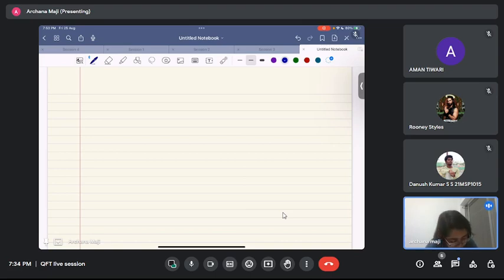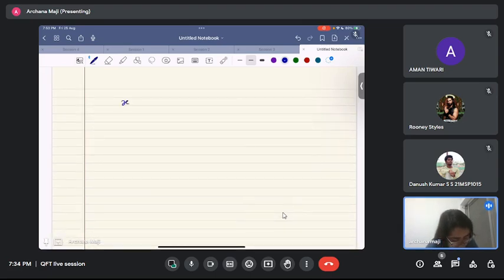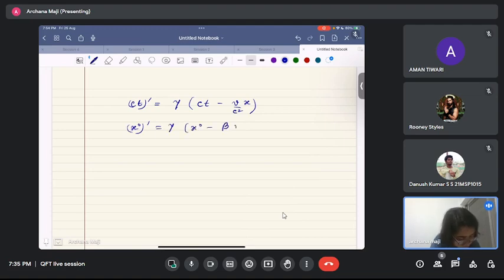If you are performing a boost along x, then x0 prime is gamma times (x0 minus beta x), where x0 is ct.